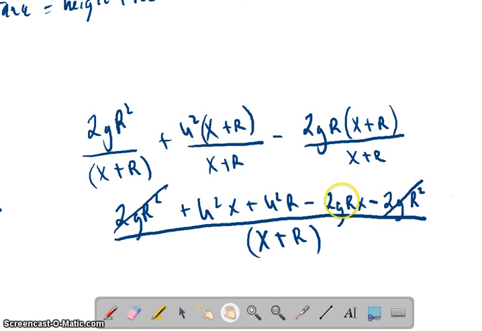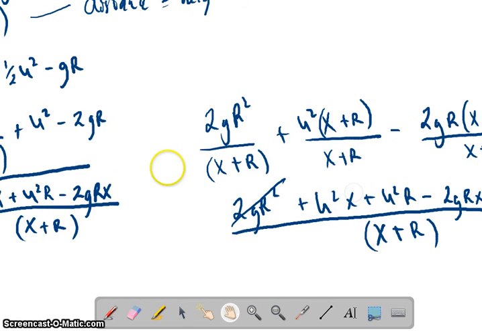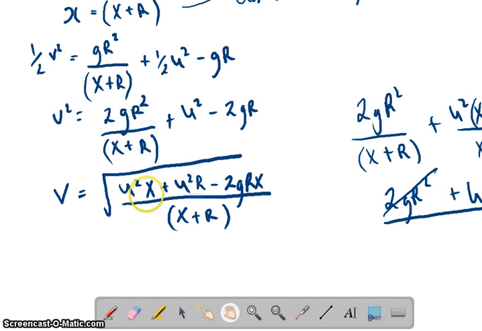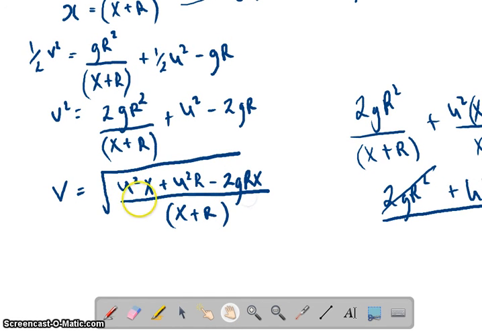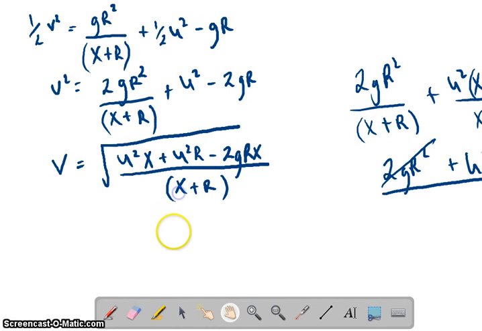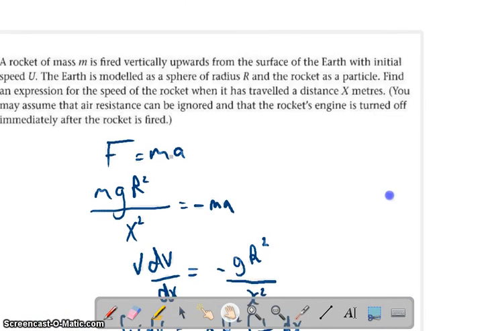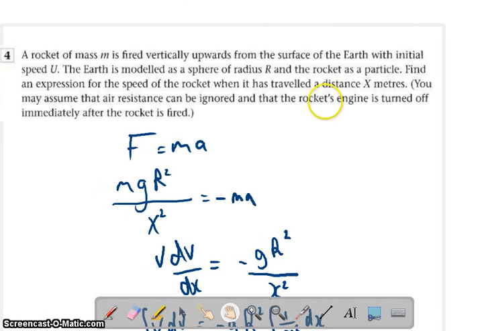Leaves us with just 3 terms over X plus r, and that's what goes back into this equation here. Okay. So v squared was just equal to this, and then obviously I've square rooted it to find v. So this is our final answer to the question, which was find an expression for the speed of the rocket when it's travelled a distance X metres.